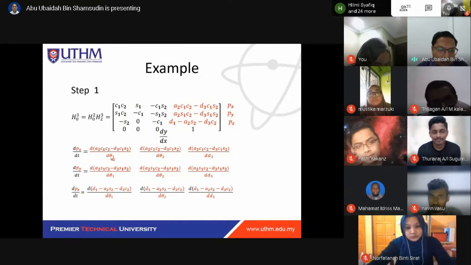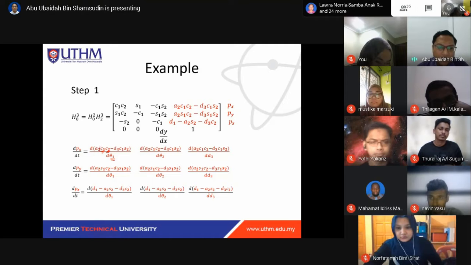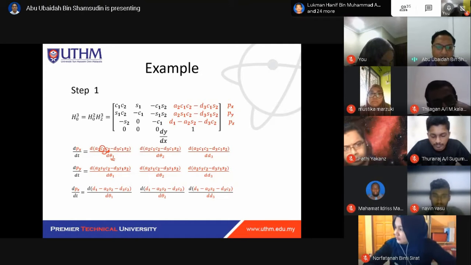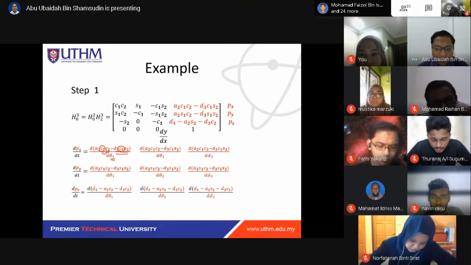This is C1, so cos theta 1, so I can differentiate this one, right? And this is C2, so this is not related to d theta 1. So I just need to differentiate this part. And how about this one? Do we have any theta 1 in this part also? Yes. So we just need to differentiate this thing.